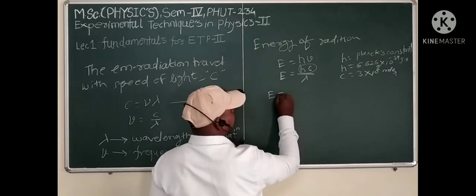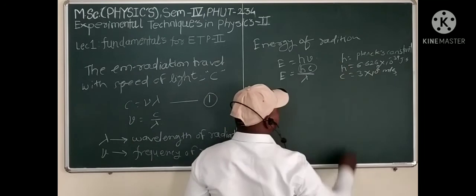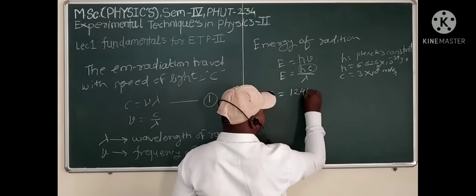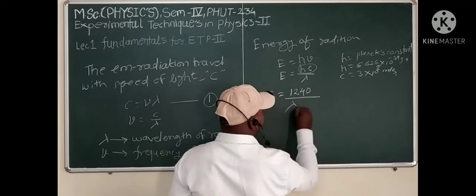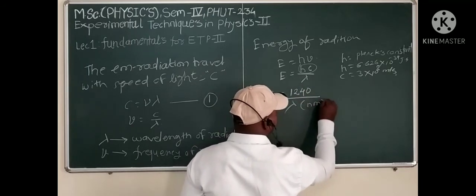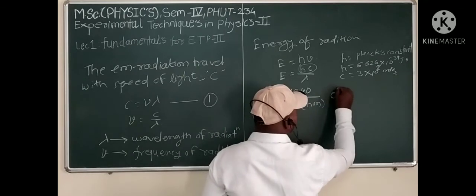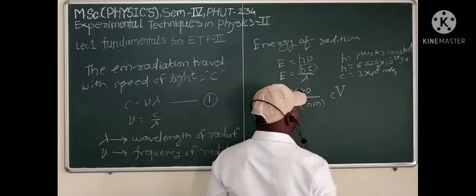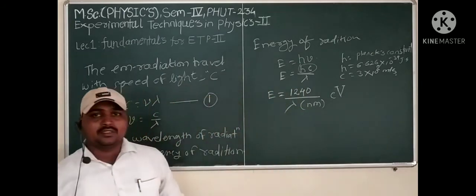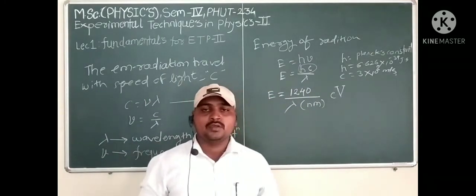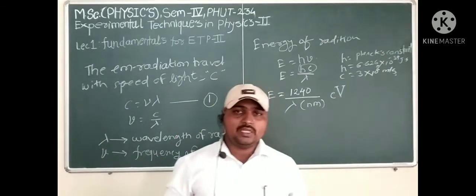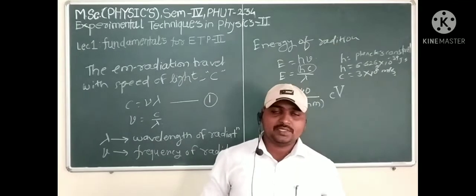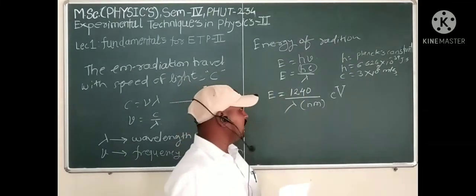That means if we multiply h into c, we are left with 1240 upon lambda, where lambda is measured in nanometer, and this whole gives energy in electron volt. That means if you know the wavelength of a particular radiation, you can find the respective energy of that radiation.